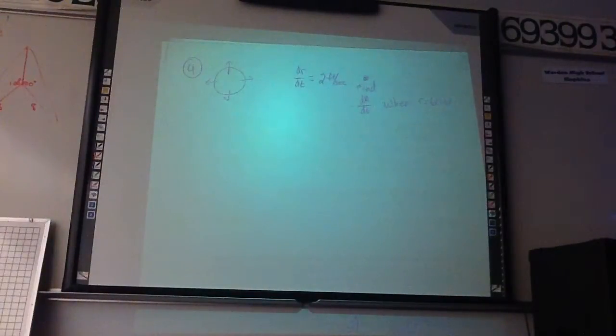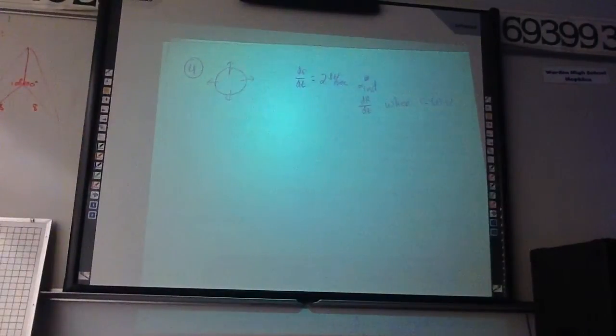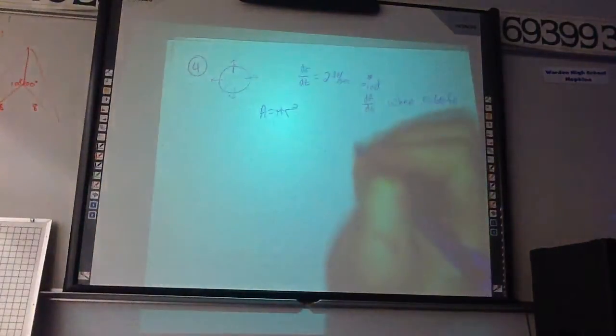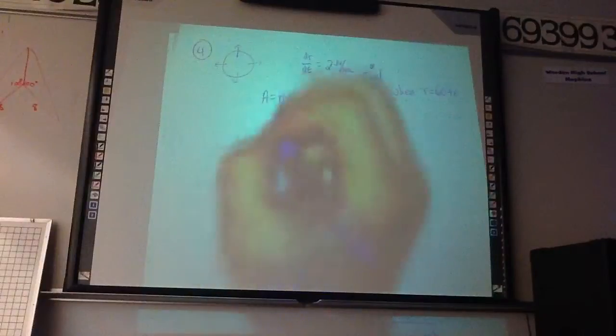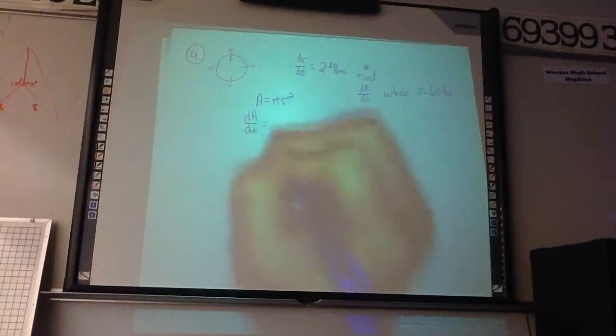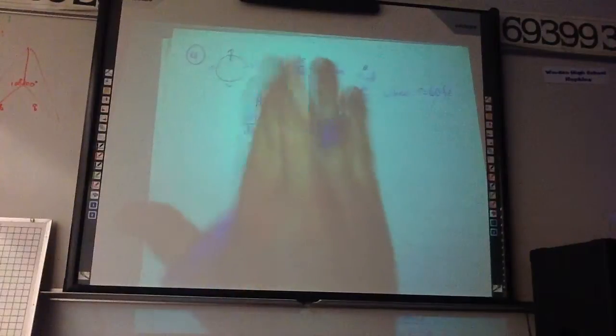Do the derivative of the area equation. Make sure you have your dA/dt and your dr/dt. Well, when you do the derivative of the right side, so area equals pi r squared, that's the derivative of the left side, dA over dt.